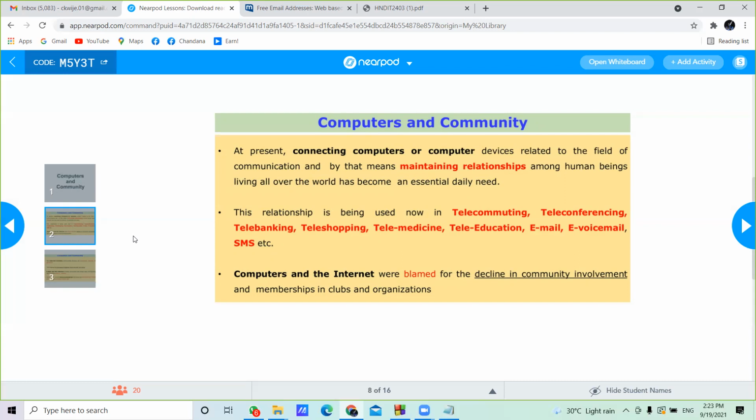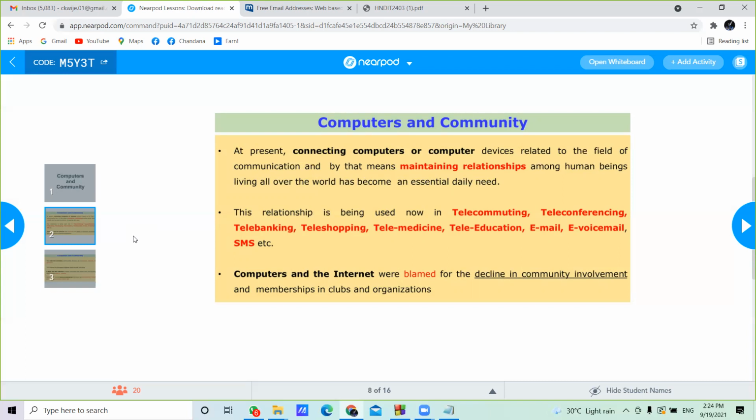Telebanking is especially used by banks to build relationships between their customers and managers. Then teleshopping, telemedicine, teleeducation. Actually, we are experiencing the result of teleeducation. Today we are able to do these types of online classes because of the development of teleeducation.